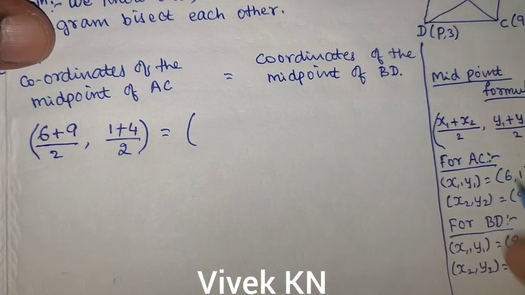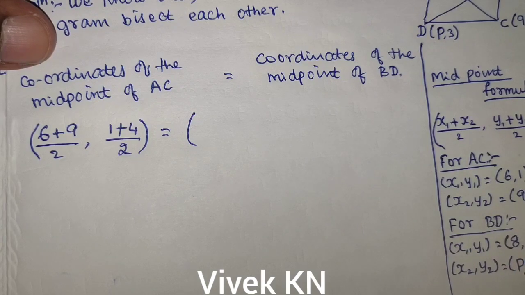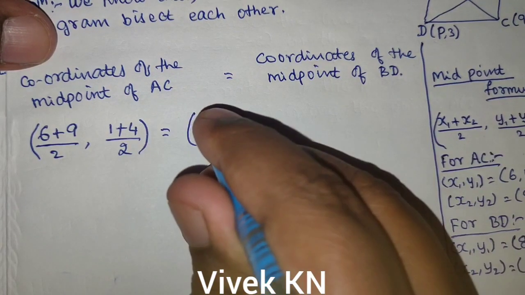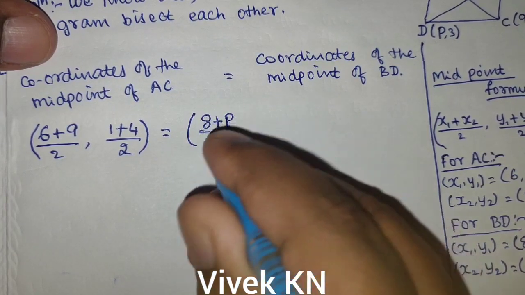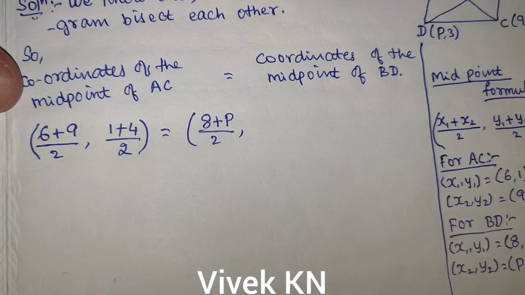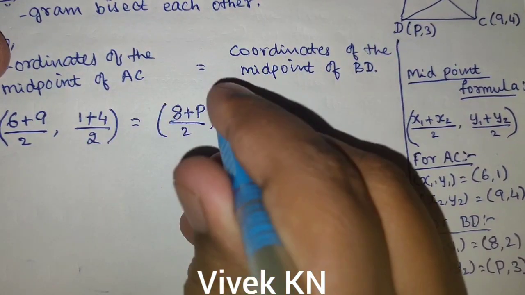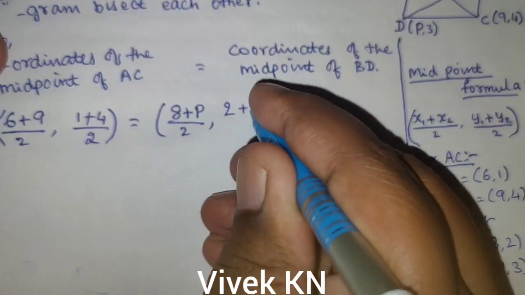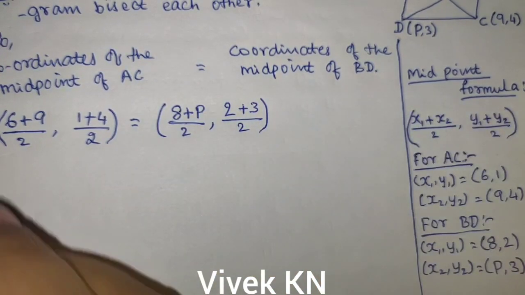Next, for BD, x1 plus x2 is 8 plus p divided by 2, and y1 plus y2 is 2 plus 3 divided by 2.